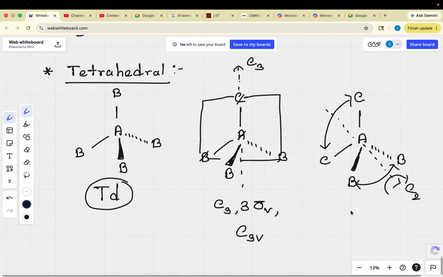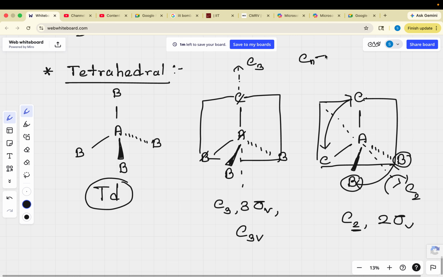Now the next question, is any plane of symmetry present or not? Definitely a plane of symmetry is present. If you contain the plane through this, suppose this plane cuts your C atom, A atom, A atom, then this B atom and this B atom become mirror images of each other. So you have one sigma v, which means ultimately you will have 2 sigma v. I told you already, if you are able to find only one C2, you will have n number of C2.